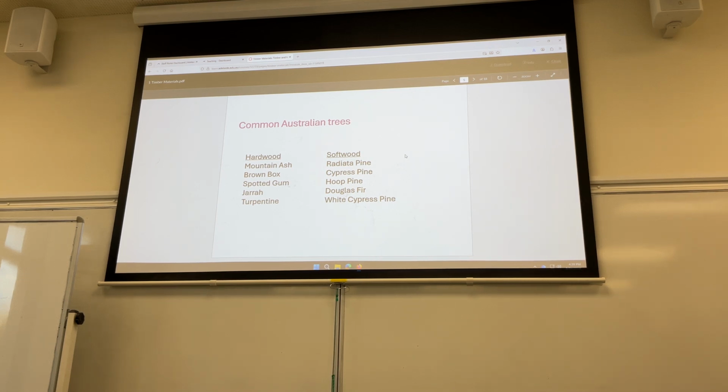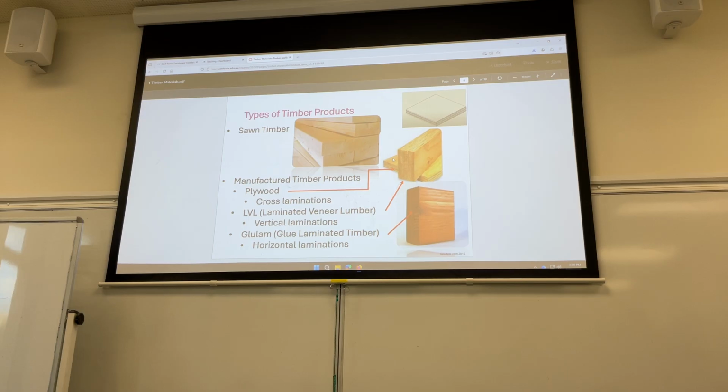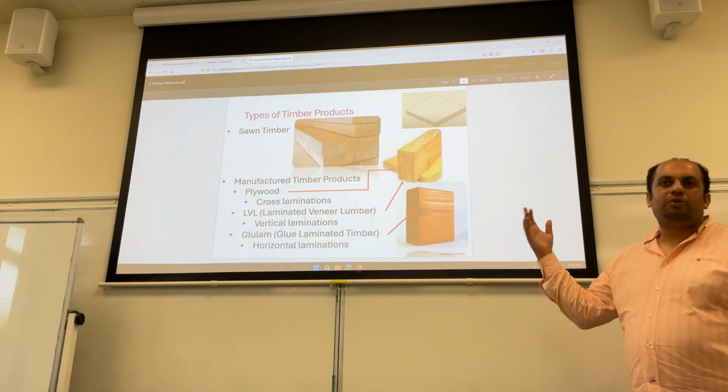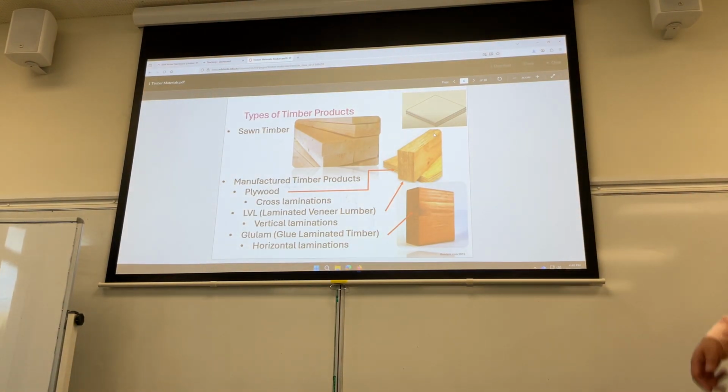So this is the type of the trees, and this is the type of the timber. As you know from last year, we have two types of timber: sawn timber or natural timber and manufactured timber. So sawn timber, this one already get from the tree directly, no processing. For the manufactured timber, it has some process steps.